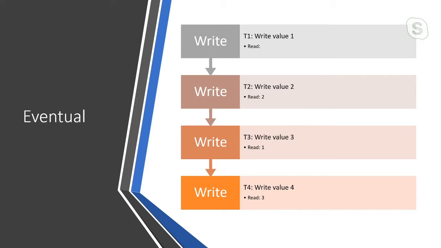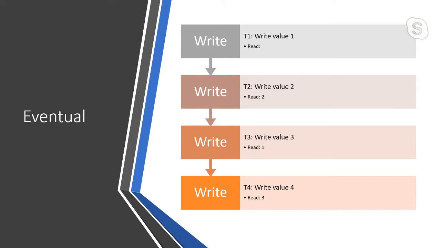Finally, eventual consistency. This is one where reads and writes could be completely out of order and could lag by an indeterminate amount of time. There is no order guarantee, and the understanding is that the data will eventually converge.